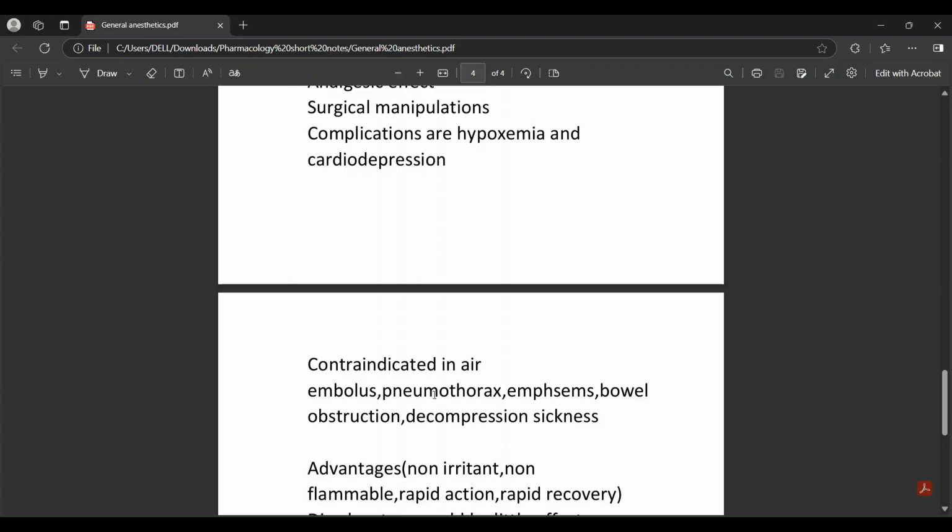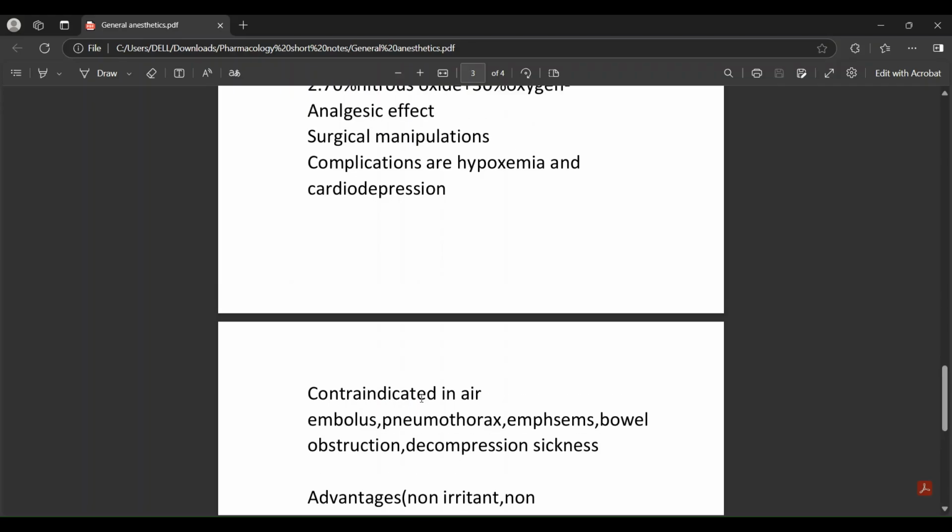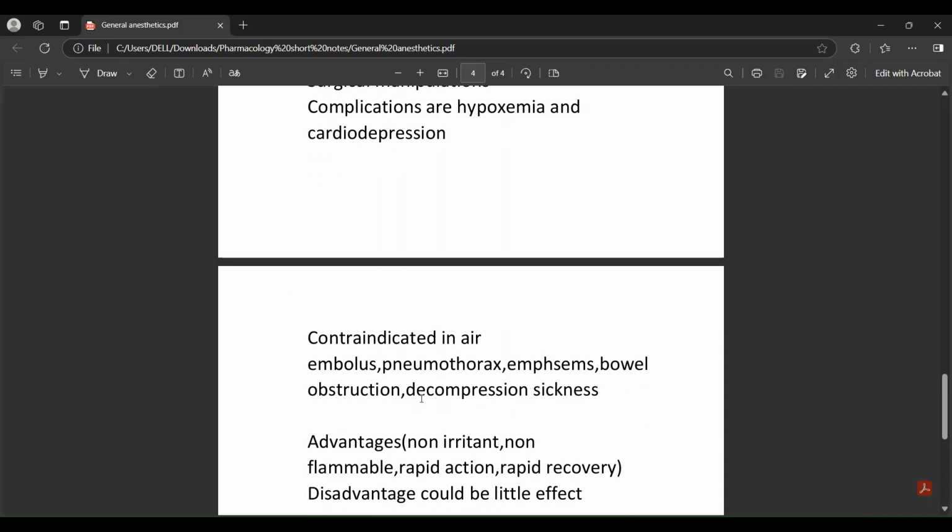If a patient has pneumothorax or emphysema, or bowel obstruction, or decompression sickness, nitrous oxide is contraindicated because it will increase the volume of trapped air, and it will increase the symptoms. Just imagine in bowel obstruction, say there is atresia somewhere in the small intestine.